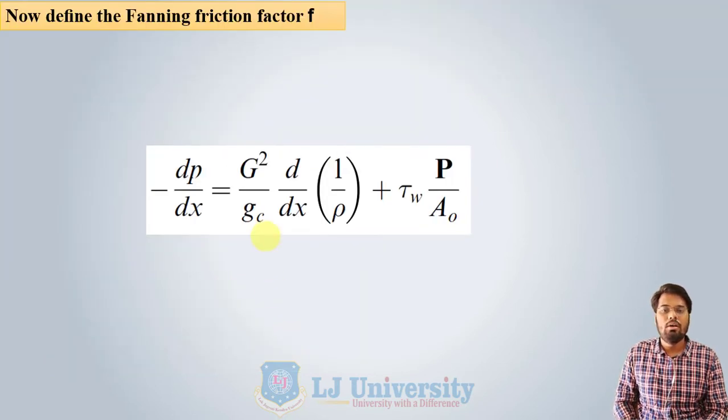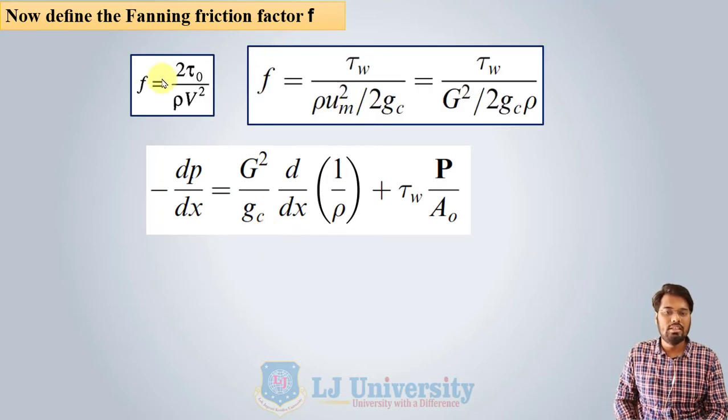Now defining the Fanning friction factor, which we discussed in our previous lecture, f is equal to 2 tau upon rho v square, that is, tau upon rho v square by 2. Instead of v, here velocity is G, mass velocity, so G square upon 2, and gc is 1.